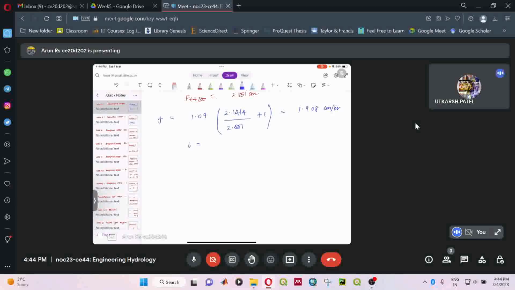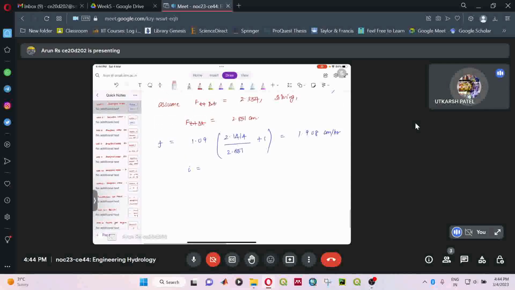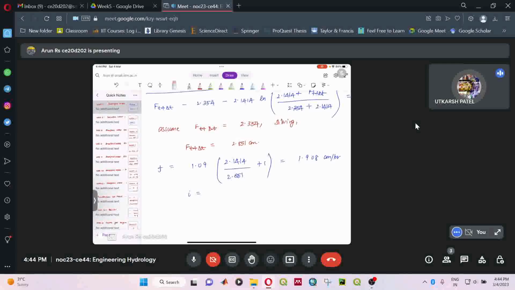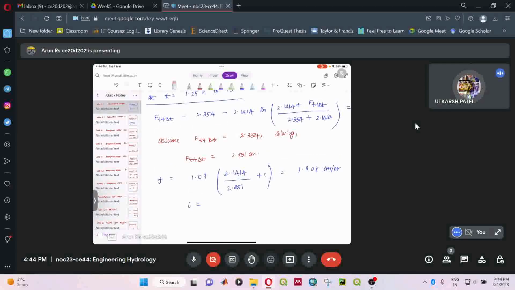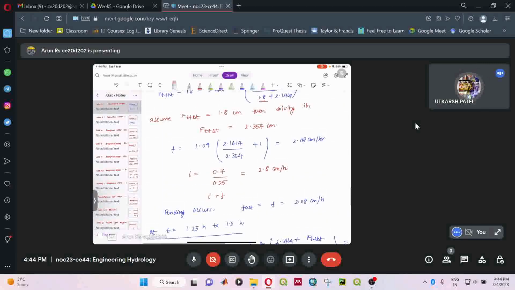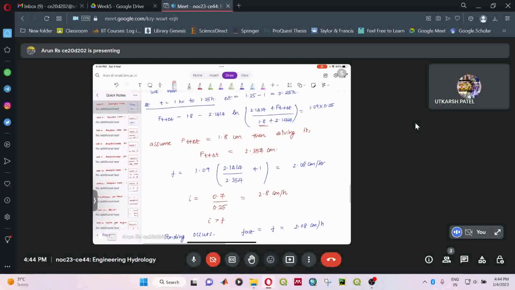Sir, in the equation, if we assume F at t plus delta t is equal to 2.354, we can also put this value in the very first equation. Why didn't we put this value there?